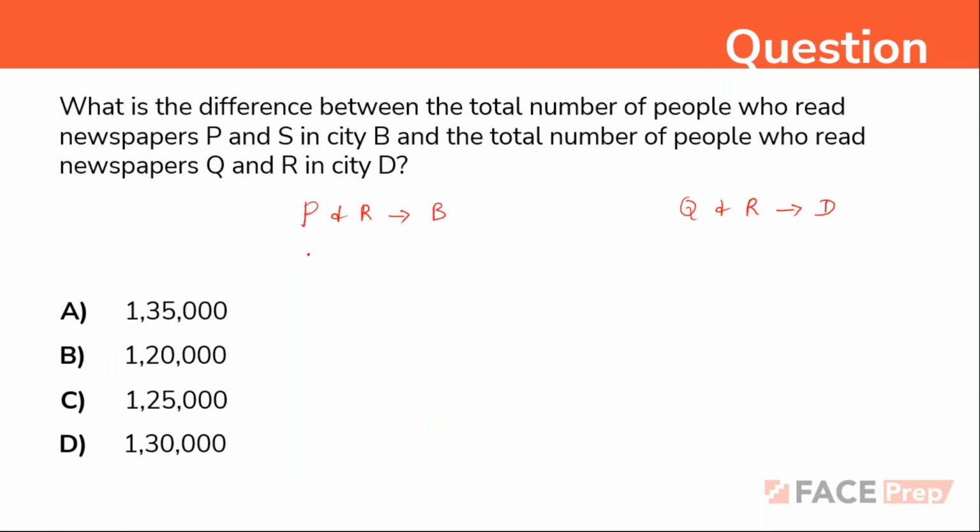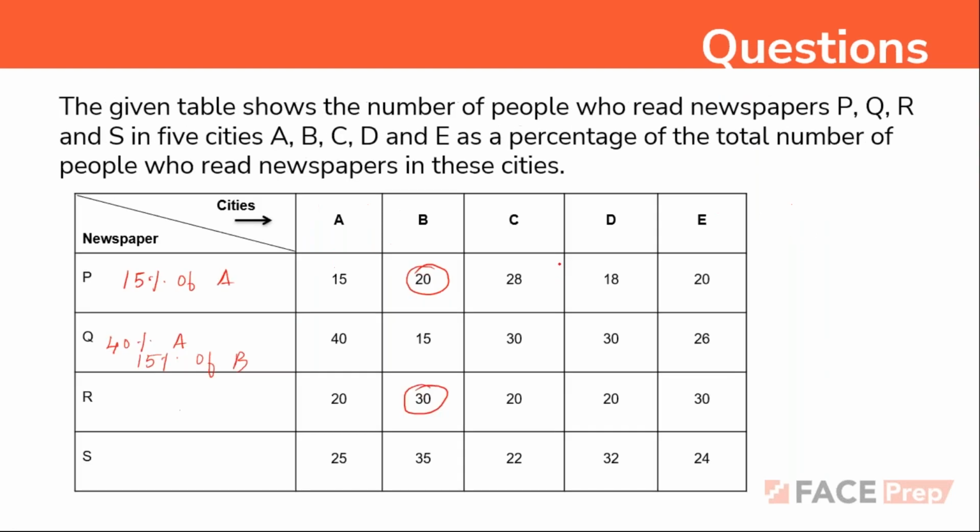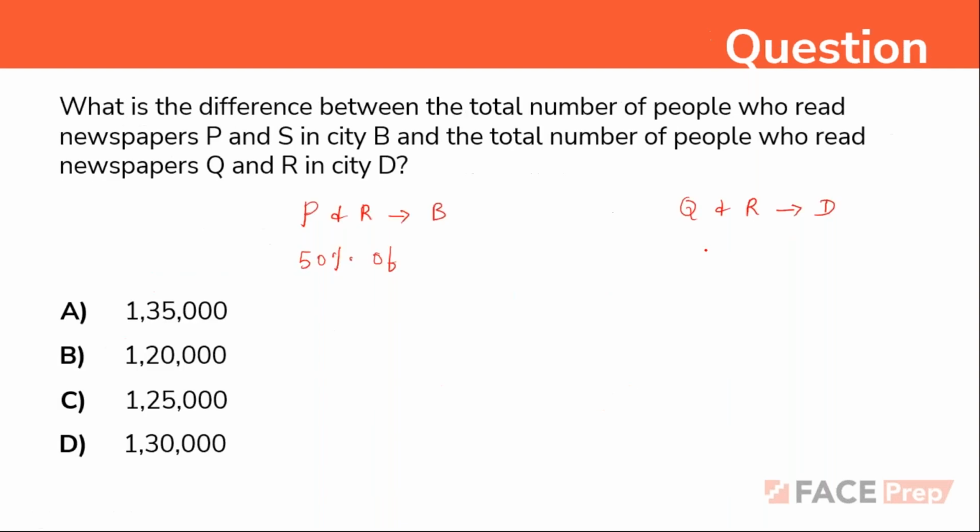So in total, it is 50%. Q and R in D: Q is 30% and R is 20%. So here also it is 50%.